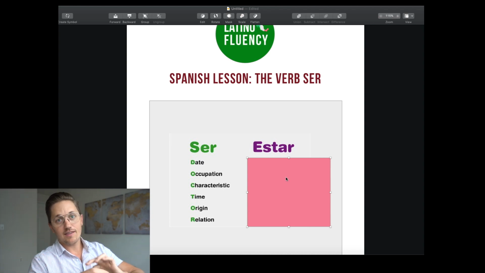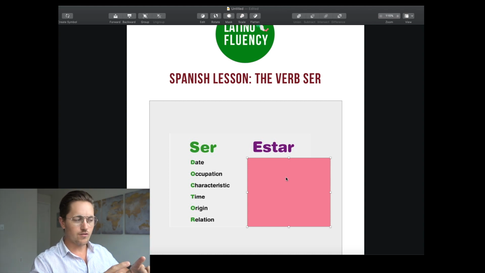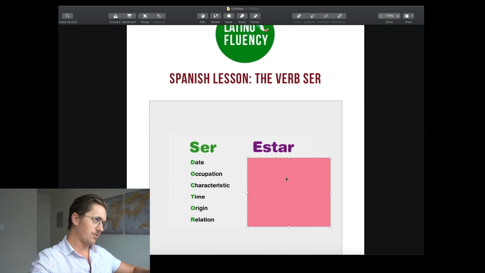But there's going to be things like this that pop up that will kind of make us question our sanity of even trying to learn Spanish in the first place. But just know, take a deep breath, and understand that it's not always like this. There's some parts of Spanish grammar that are actually really easy. This is really not one of them, but let's learn it.